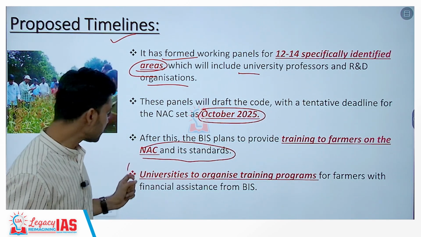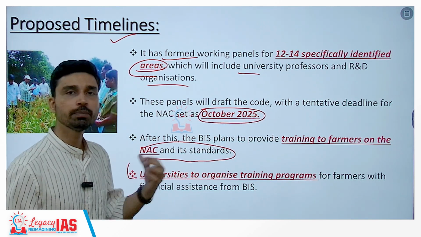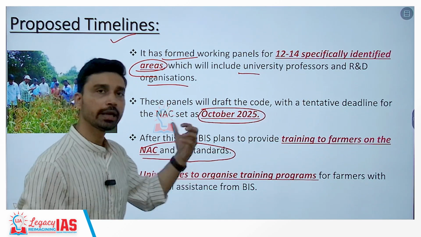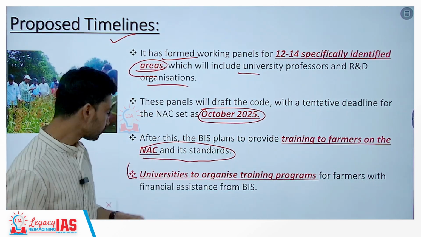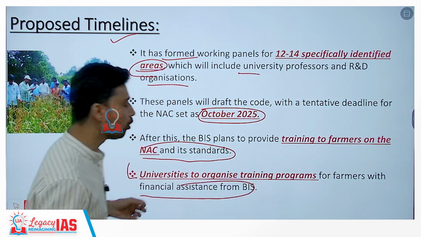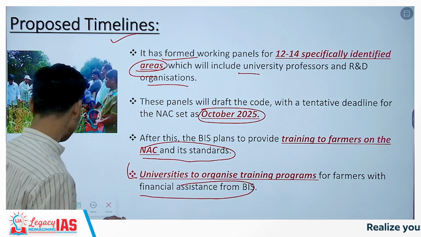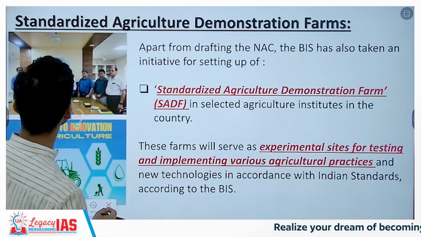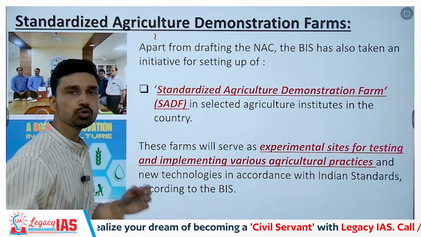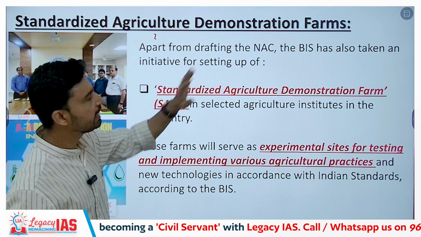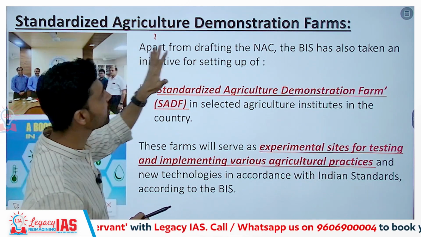In this context and for this purpose, universities are expected to organize training programs for farmers, and the financial assistance for this will also be provided by the Bureau of Indian Standards. So this is the proposed timeline. And last, apart from the NSE, the BIS is also trying to build SADF, that is Standardized Agricultural Demonstration Farms.